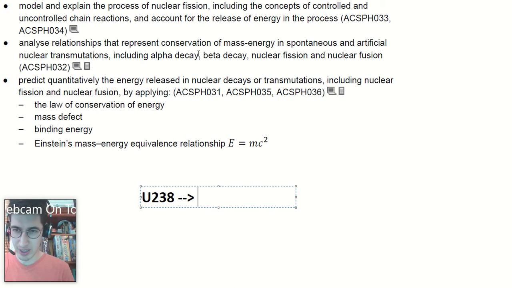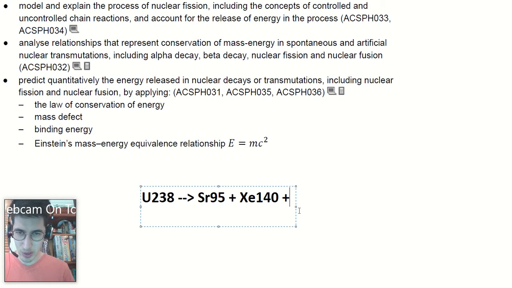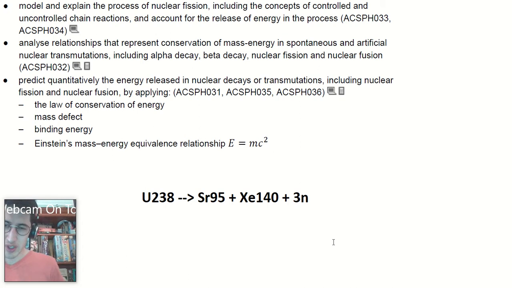So let's say strontium-95 and xenon-140. And as well as splitting into those, it will release three neutrons as well. Okay, so this is a fairly typical nuclear fission reaction.